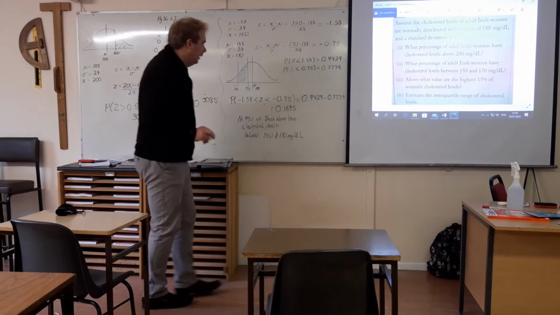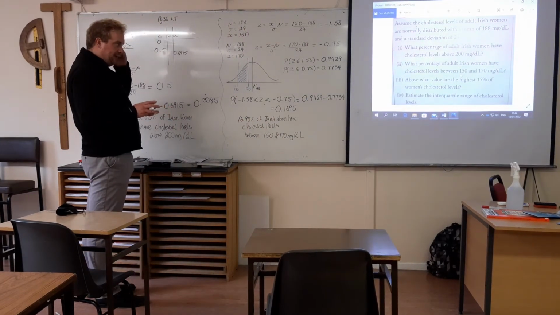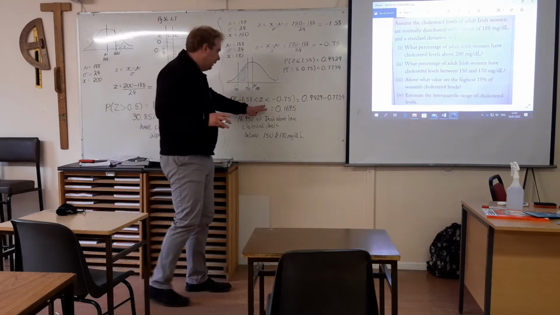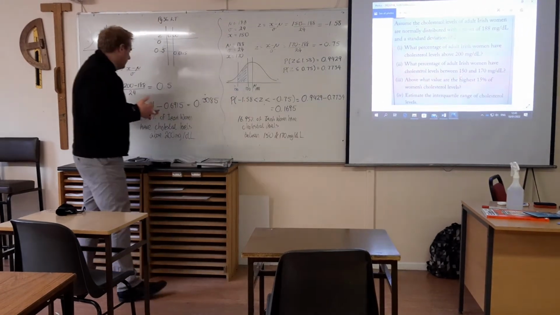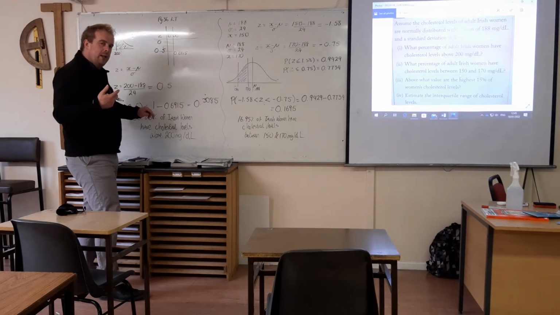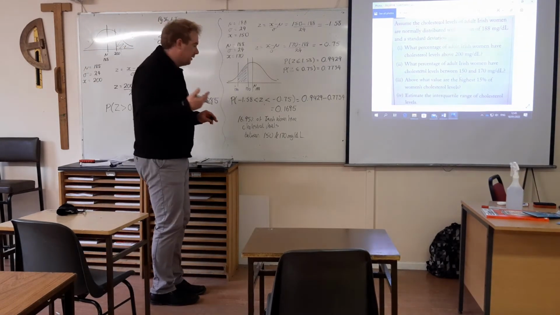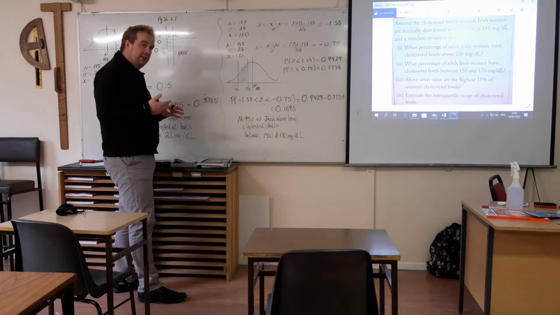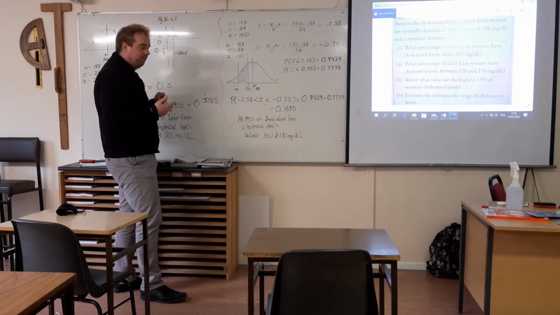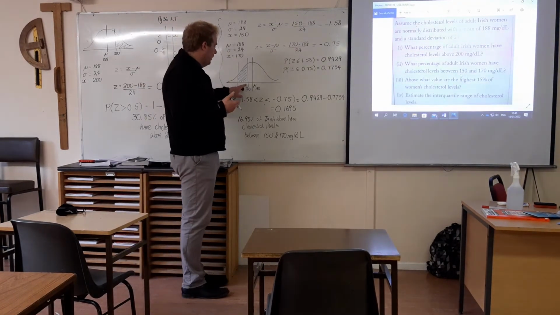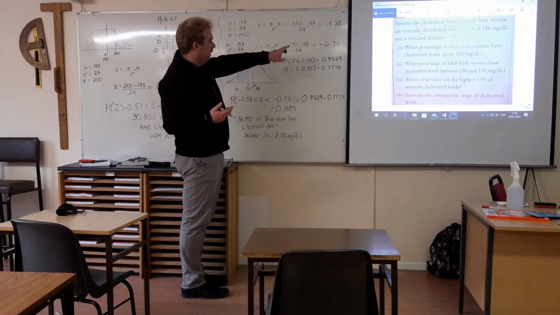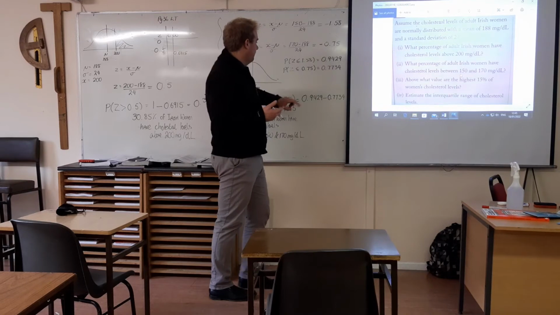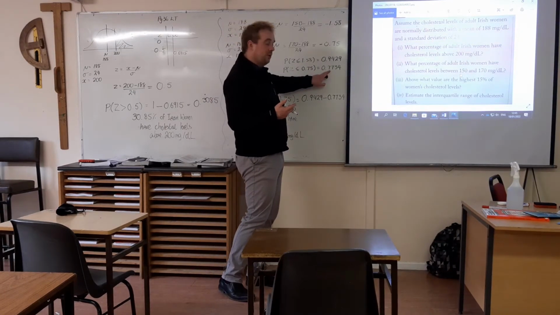Okay. Now, students usually get very confused with this particular area here. You might be wondering, well, why didn't he do 1 minus, like what he did in the last example? Well, we have to remember that the z tables constantly read to the left-hand side. So when I was looking at the 170 mark here, and we calculated the 170 was this minus 0.75, which is here, we got this number.